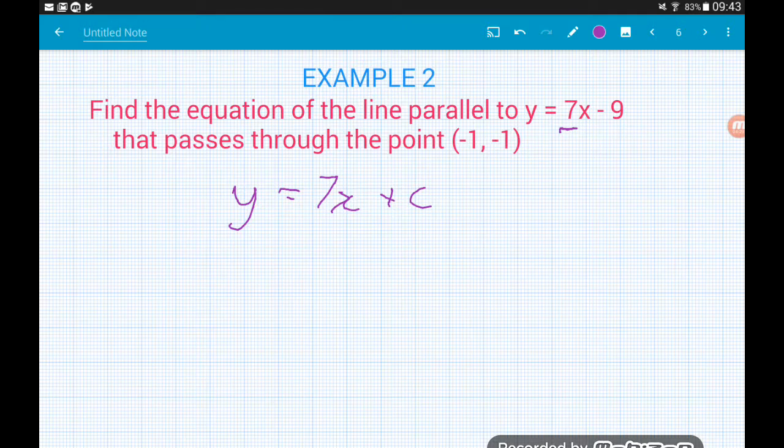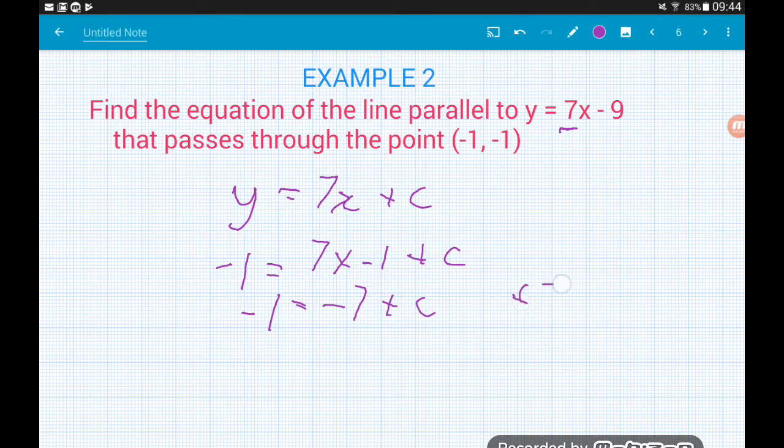So now we need to find the value of c. So again we use the coordinates, x equals -1 and y is equal to -1. So we get -1 equals 7 times -1 plus c. -1 equals -7 plus c.